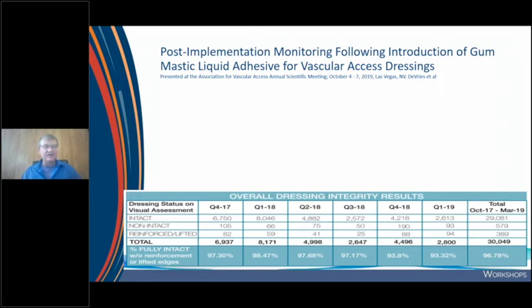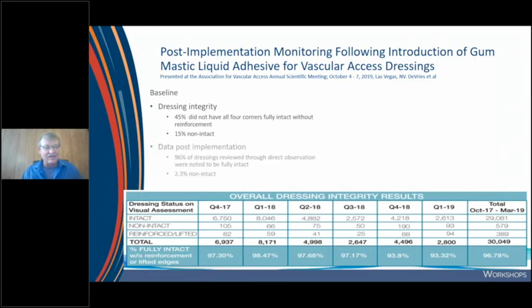And this is the study that Shelley did with gum mastic, Mastisol specifically, and this is a really important article. Over 30,000 lines that they assessed over about a year and a half. At baseline, 45% did not have all four corners intact, and in 15% the site was exposed, which they called non-intact.